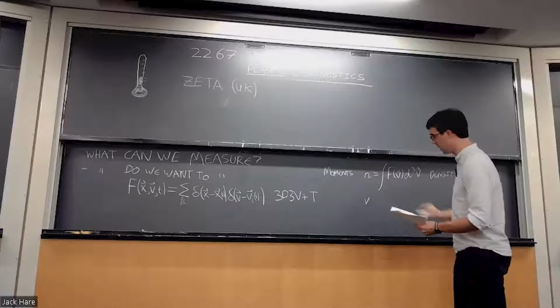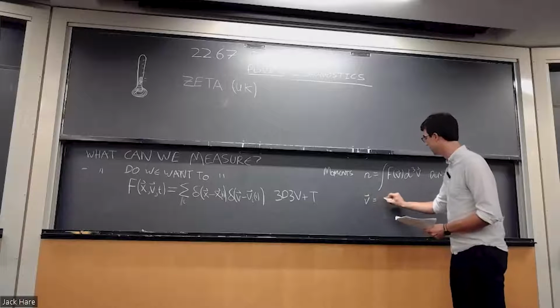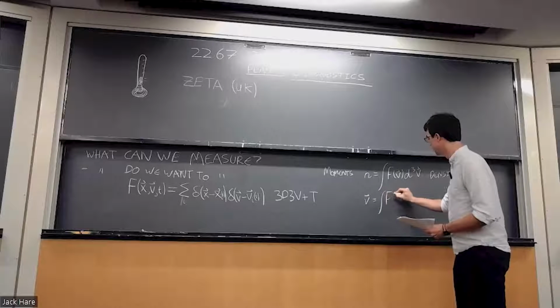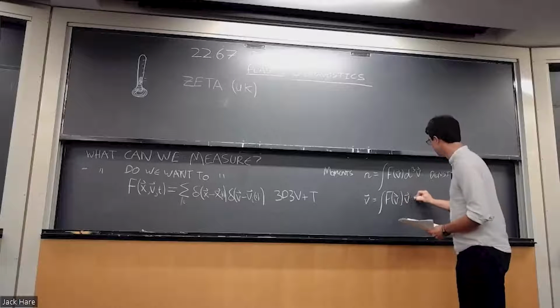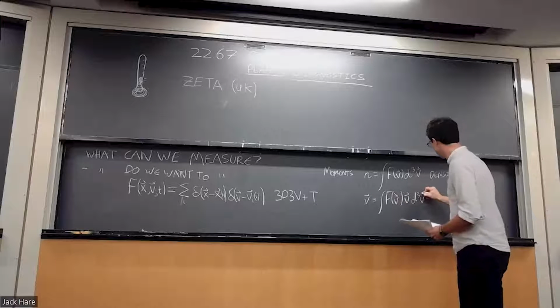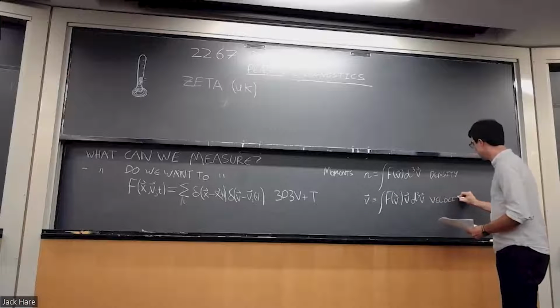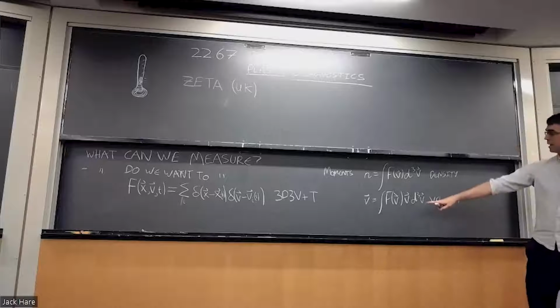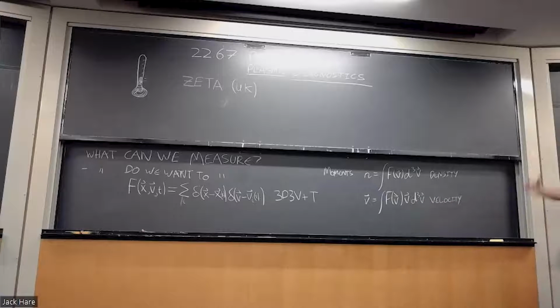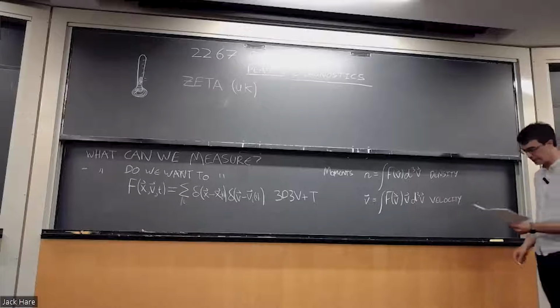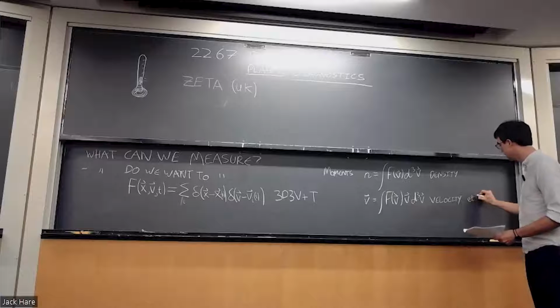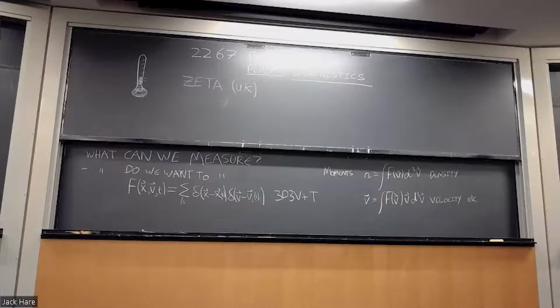Or you might want to know things like the average velocity of your particles. And you can keep going with this by multiplying your distribution function by larger and larger powers of v, and you start getting tensors and all sorts of exciting things like that. So I'm just going to put etc. before we get carried away and forget our stuff.